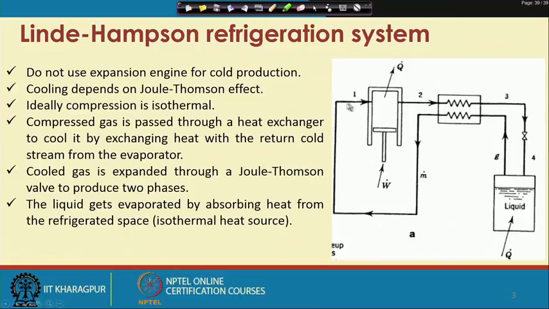In this whole cycle we are assuming there is no temperature drop, that means no heat exchange between the system and the surroundings, so whatever temperature is here, the same temperature is also here, and there is no temperature drop or gain within these lines.